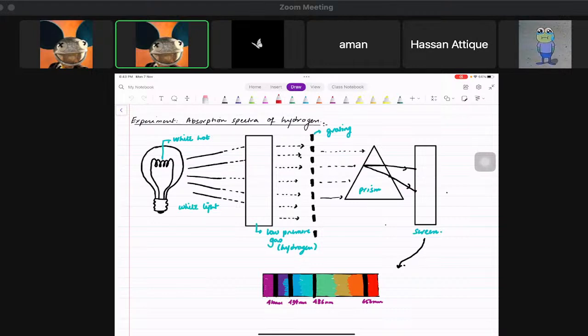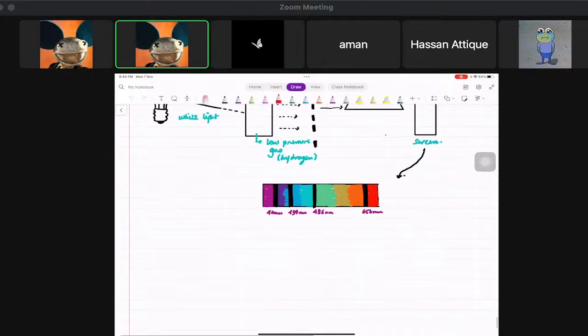Okay, so we can actually write it like this. This is basically like a continuous spectrum. Continuous spectrum just means that there are no changes. All of them have the same colors, there are no lines.